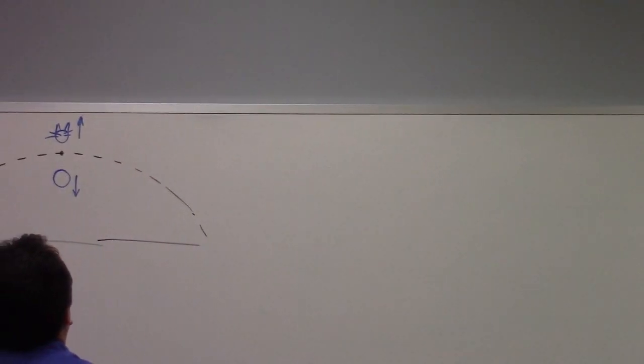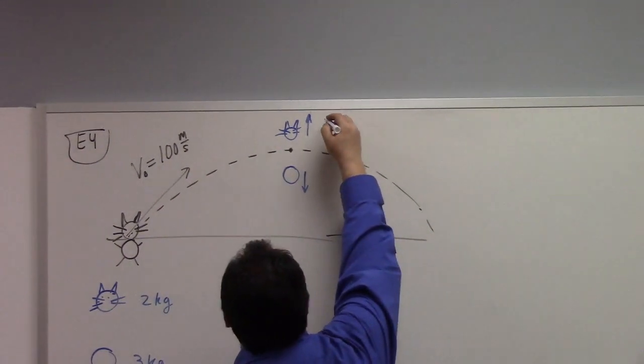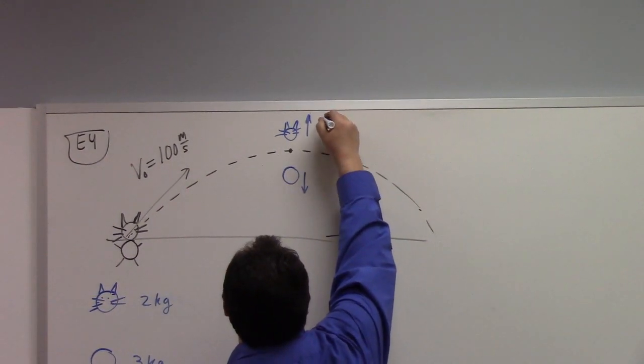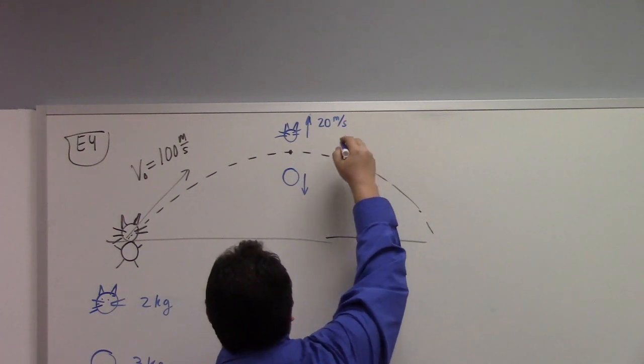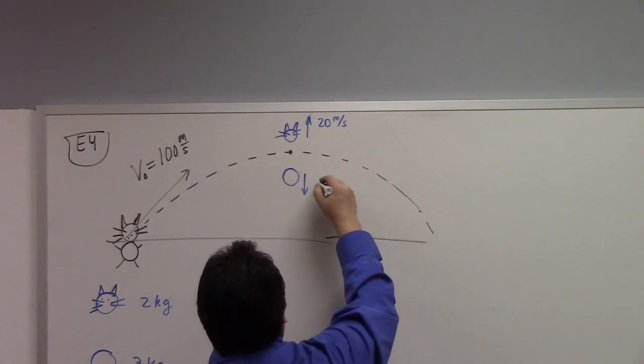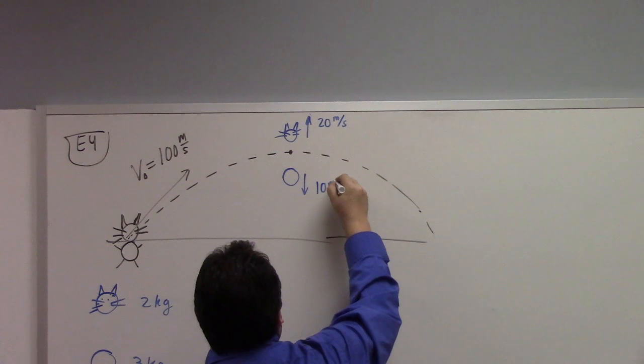So at the top of the flight, the head of the robot cat goes flying upwards. The body goes flying downwards. Let's suppose the head flies up at 20 meters per second, and the body flies down at 10 meters per second.